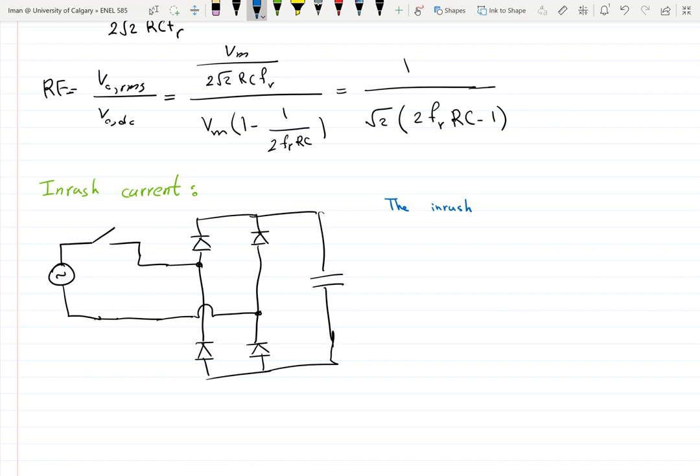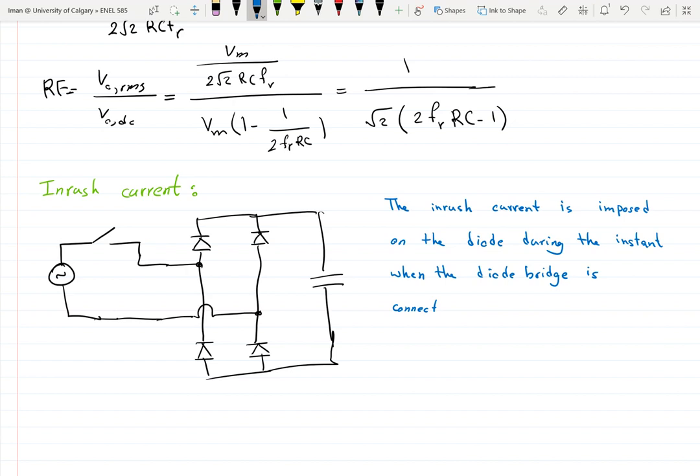So the inrush current is imposed on the diode during the instant when the diode bridge is connected to the supply.